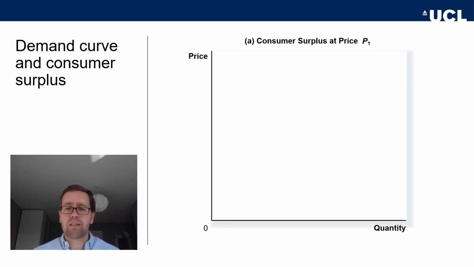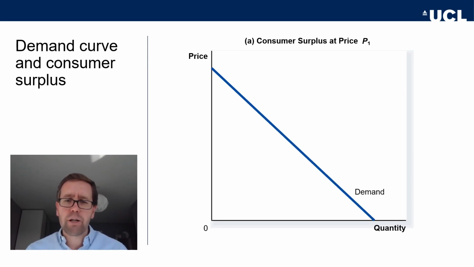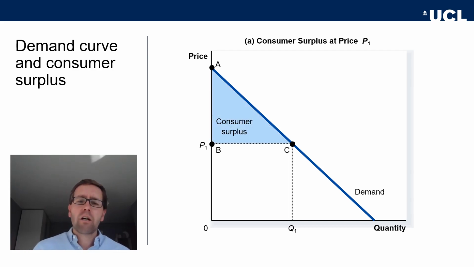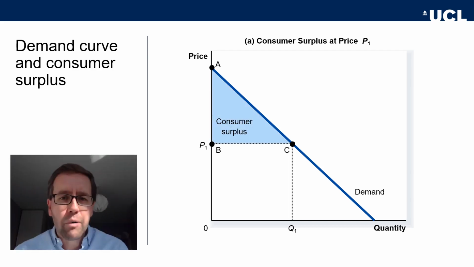So let's look at an example. So here we have, again, our price and quantity. We have our demand curve, same as before. And let's say the market price is P1, okay? Then the quantity demanded is going to be Q1. And basically this triangle ABC gives us the consumer surplus.